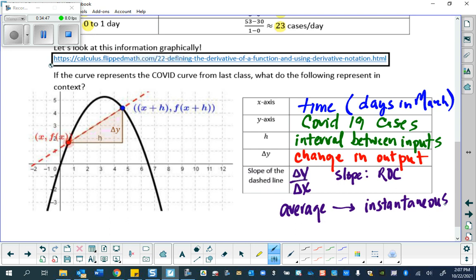And the way we're going to do that is we're going to make H approach 0.